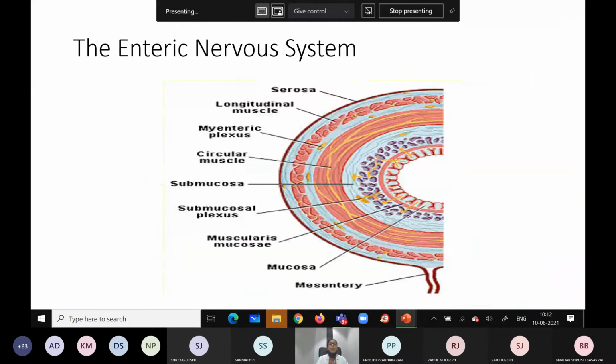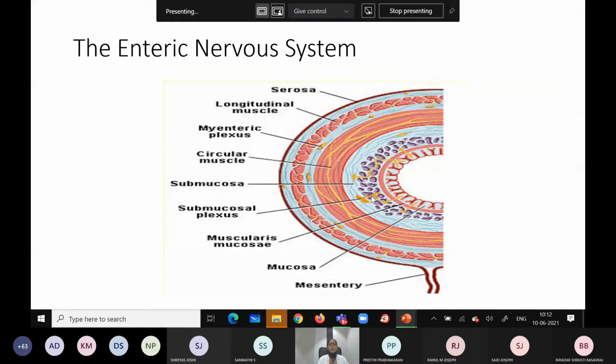Next is the enteric nervous system. Enteric nervous system means it is in the GI tract itself. This is also very important, and this enteric nervous system is controlled by the extrinsic nervous system, that is the autonomic nervous system.